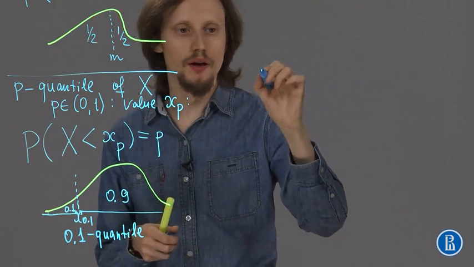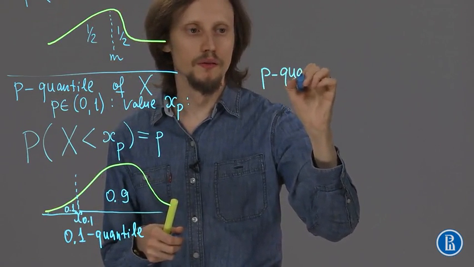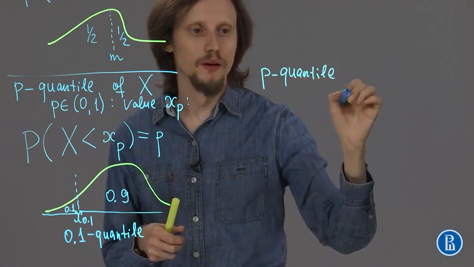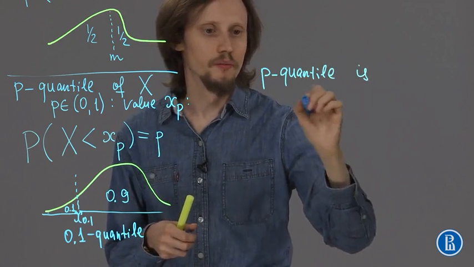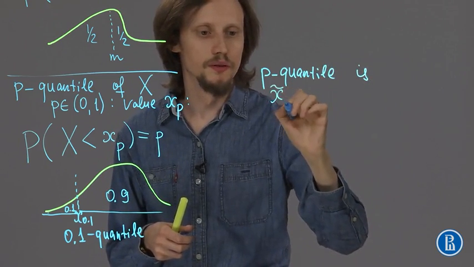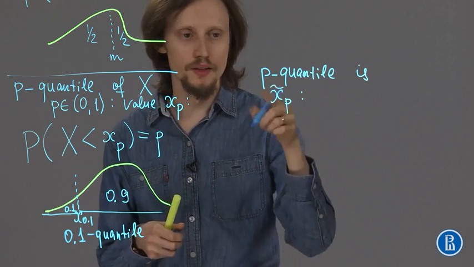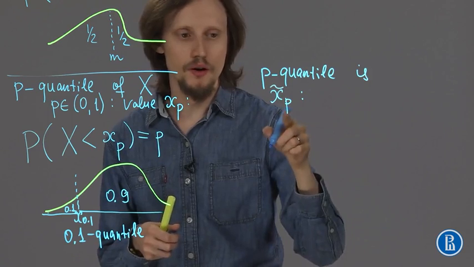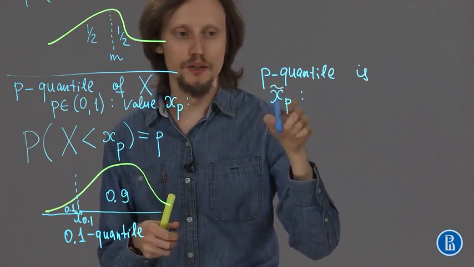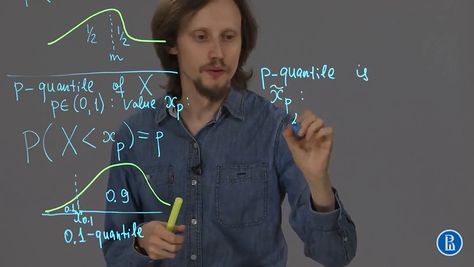For a sample, the p quantile is a number xp such that the following holds. Let us consider the part of our sample which is less than xp.